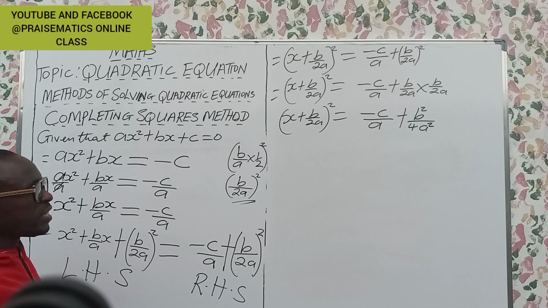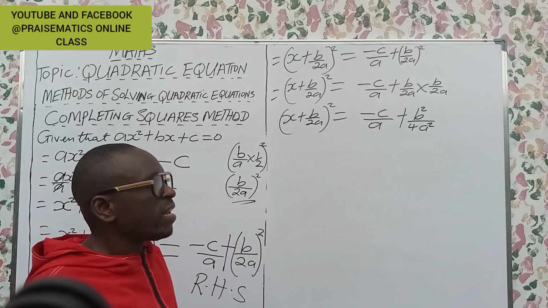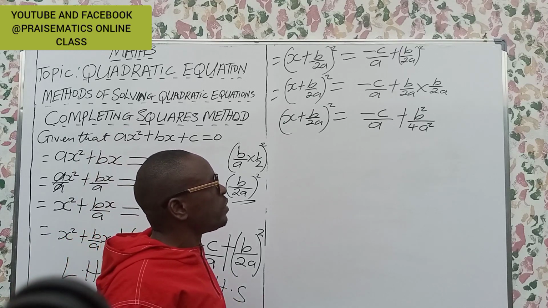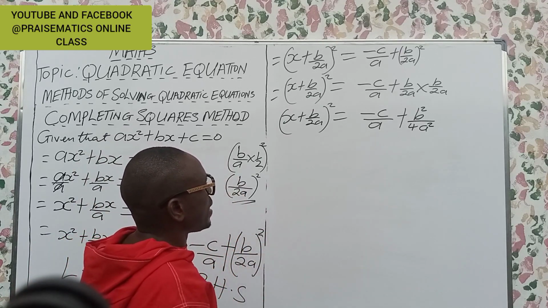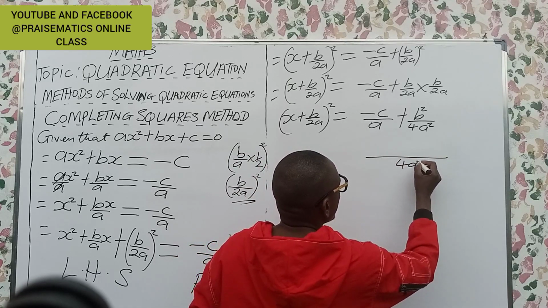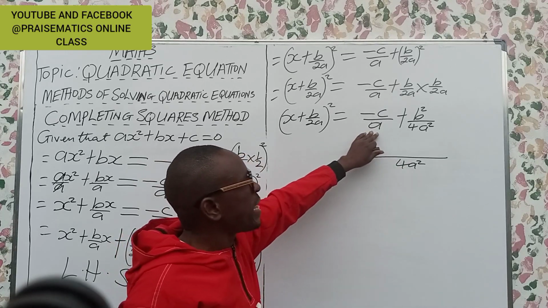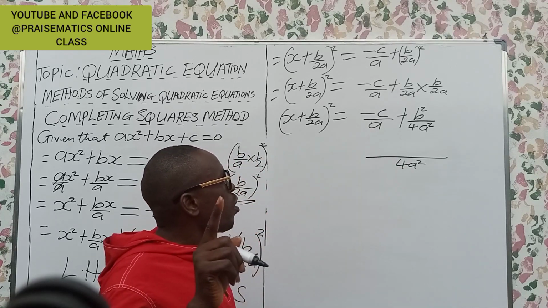Okay, step 6. Find the LCM of the right hand side. The LCM here is 4a square. So 4a square divided by a will give us 4a.